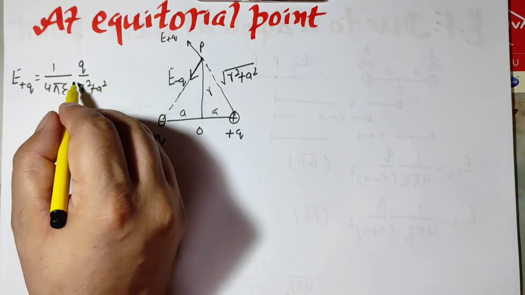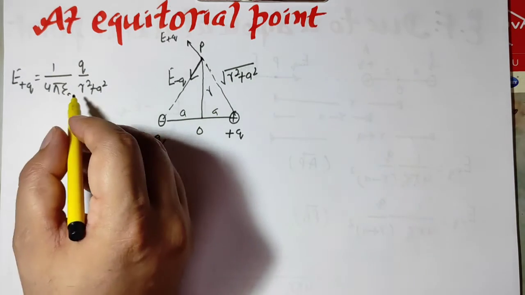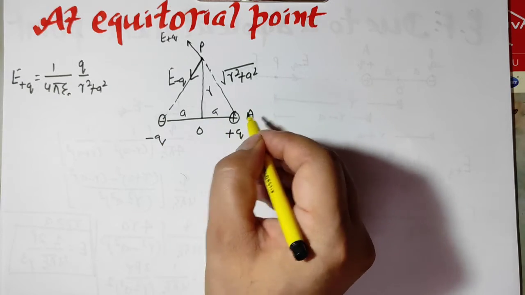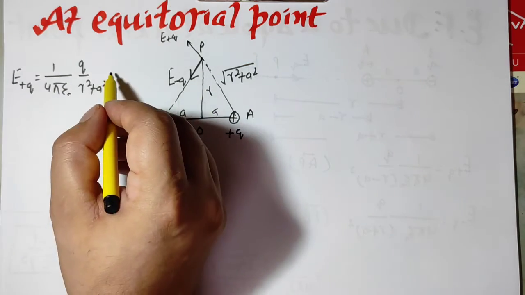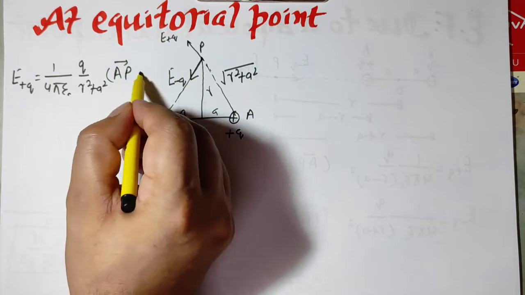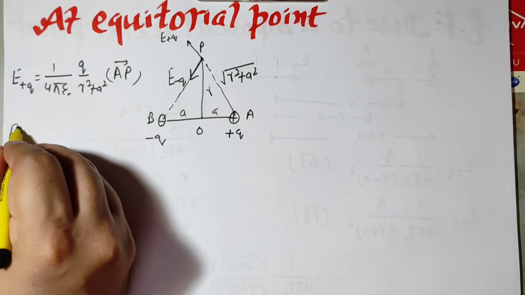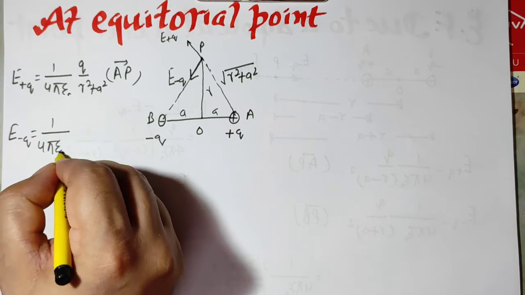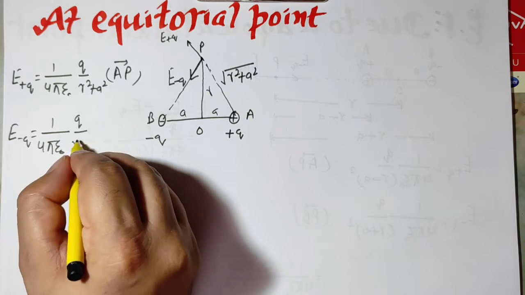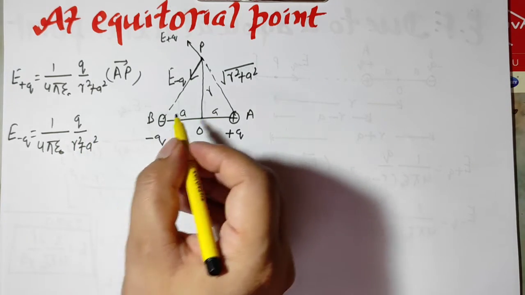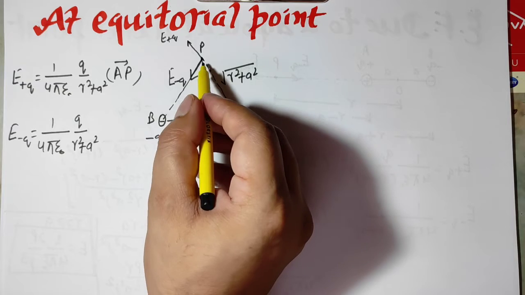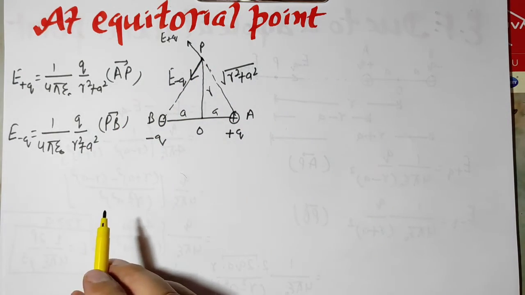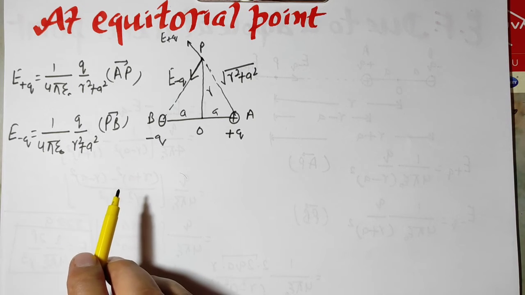The direction is, if this is A, this is B, this is P, from A to P. Now we have minus Q, and this is 1 upon 4 pi epsilon naught, Q upon r square plus a square. Same thing, but the direction is different now: it is P to B. I hope everything is clear to you so far.